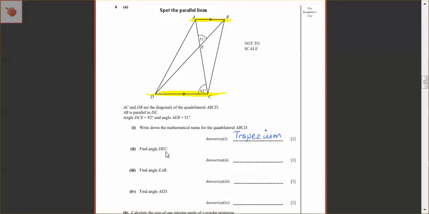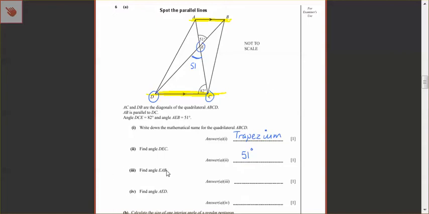Find angle DEC, and that means go from D to E to C, so it's this angle. Lines crossing in the middle, opposite angles, so it's just 51 degrees. Write it in the diagram.